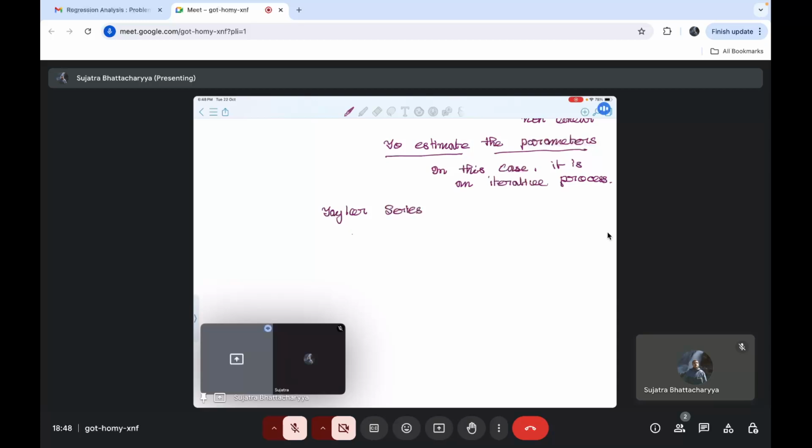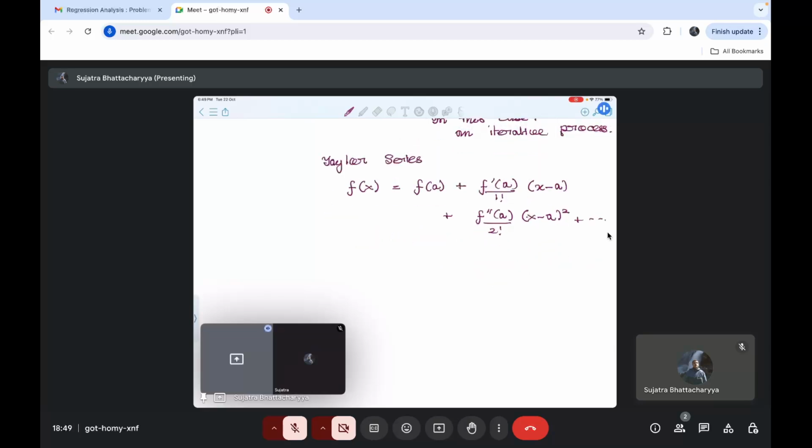Suppose f of x around the point a can be written as f of a plus f dash a upon 1 factorial times (x minus a), plus the double derivative at x equal to a divided by 2 factorial times (x minus a) whole squared, and so on. It will go on. Based on this Taylor series expansion, we'll try to do the estimation.